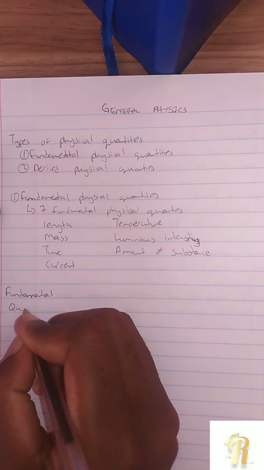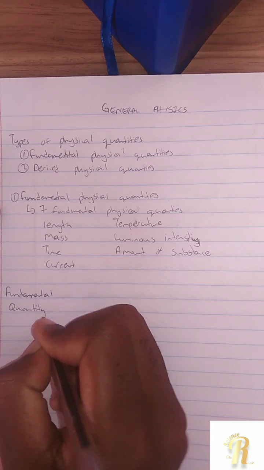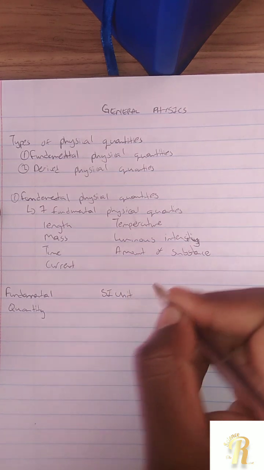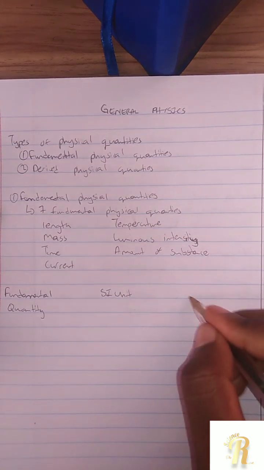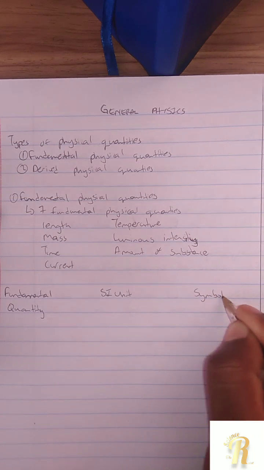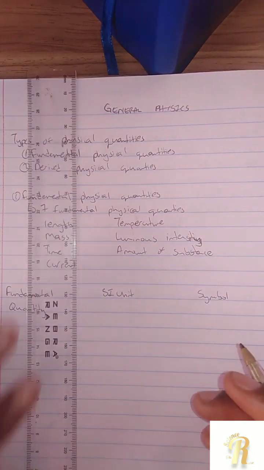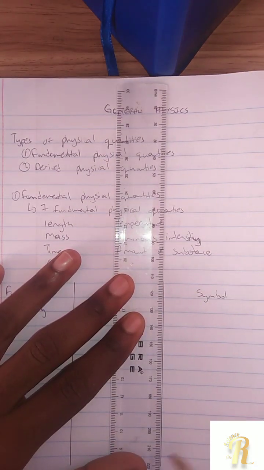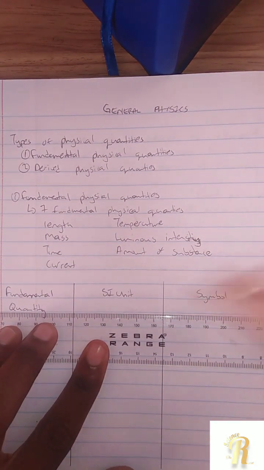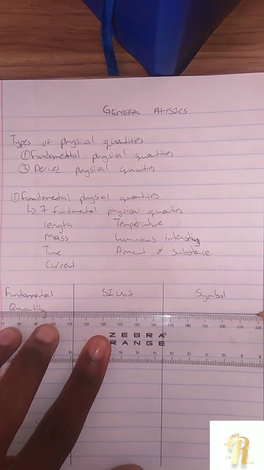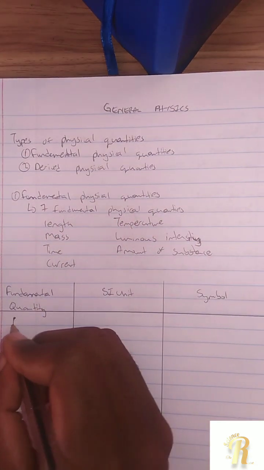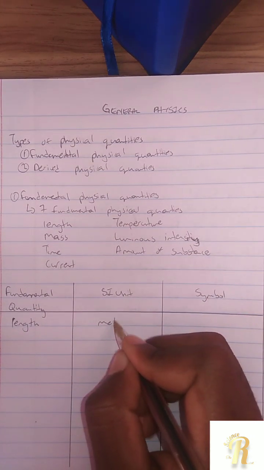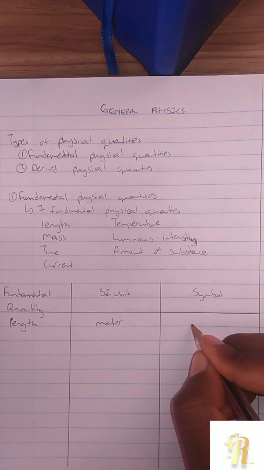Fundamental quantity, SI unit, and symbol. Let's start with length. The SI unit of length is meters. The symbol is m.